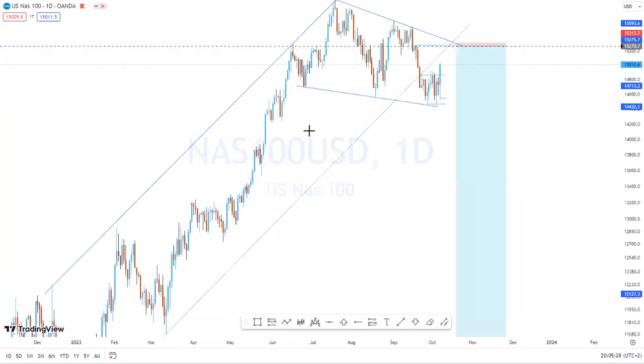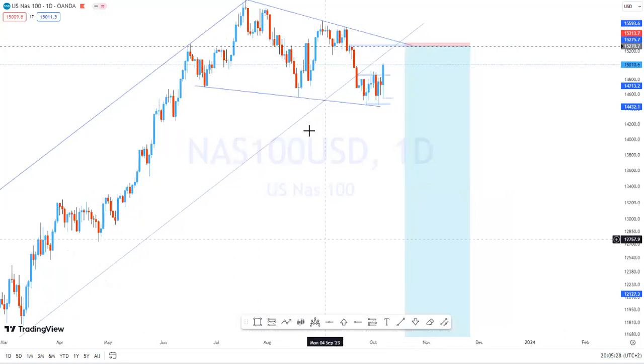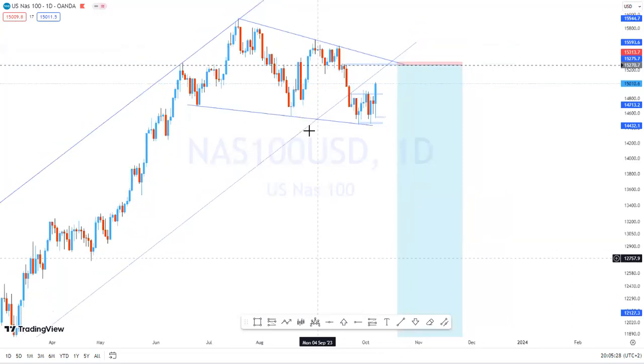But if we decide to break that area, since Nasdaq tends to be disrespectful and doesn't respect the level, if we break that zone over here, we need to know that we're going to be buying.